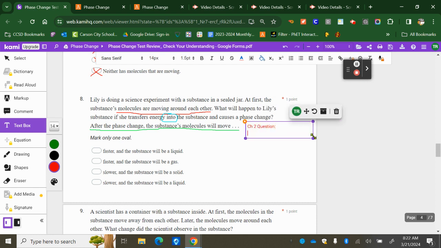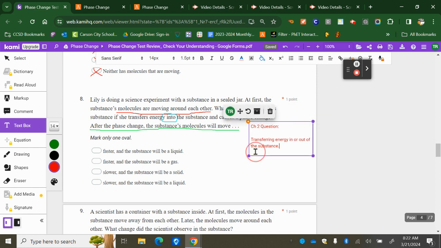A chapter 2 question is all about transferring energy in or out of the substance. So let's break this down and look at that in the sim.